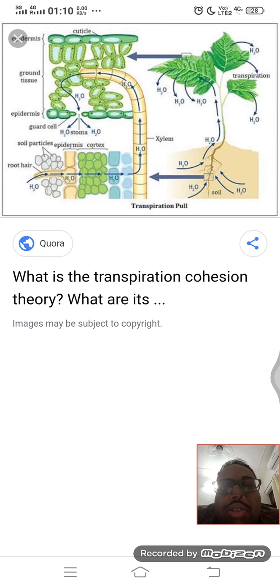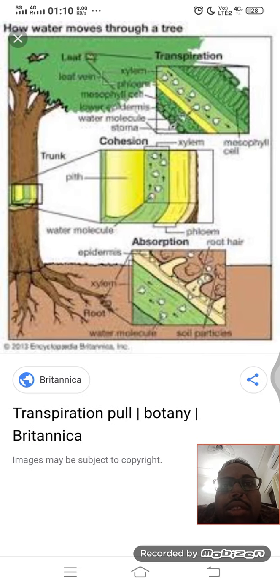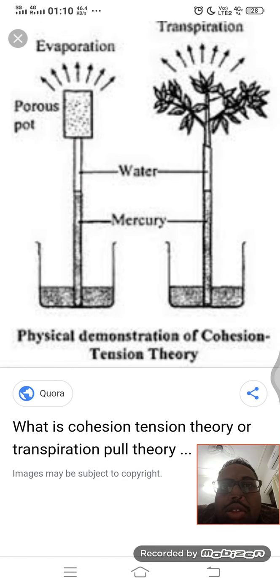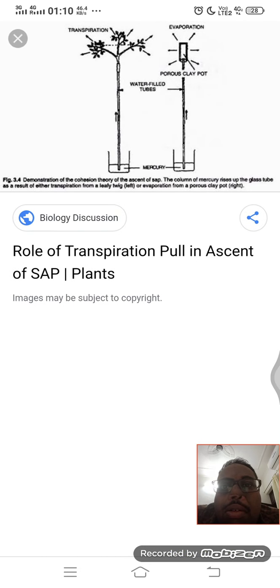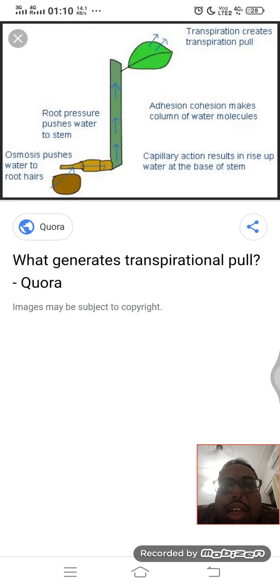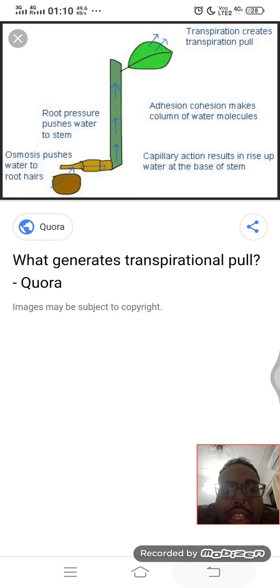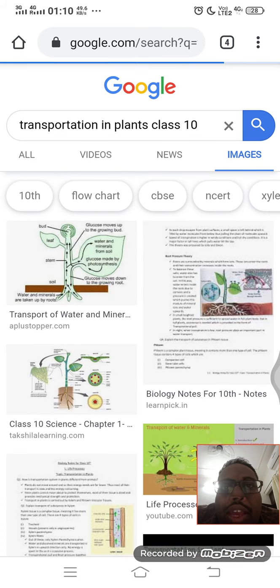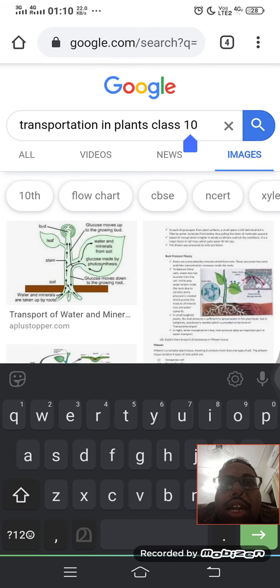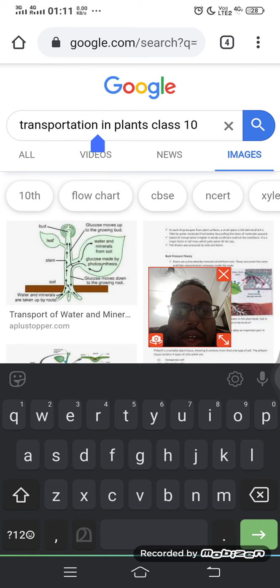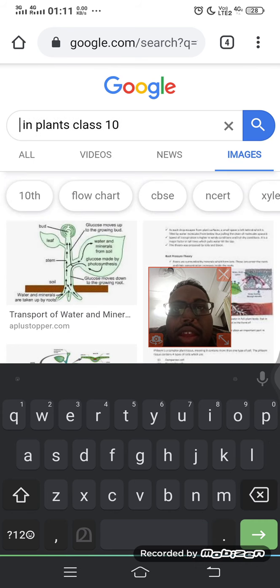So in plants, whenever they want to throw out any waste, there are many methods by which they can do this process.